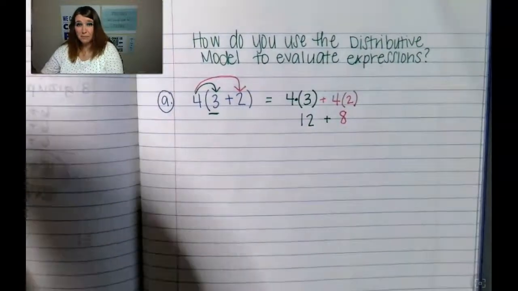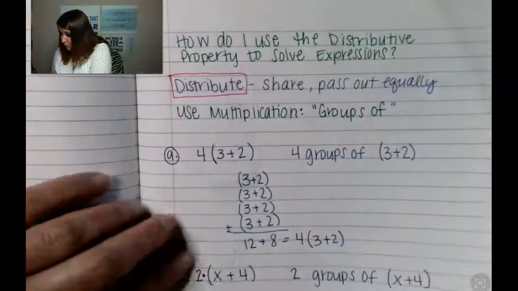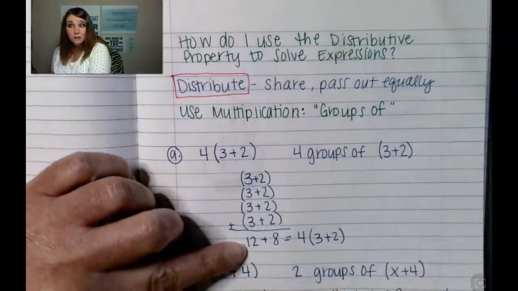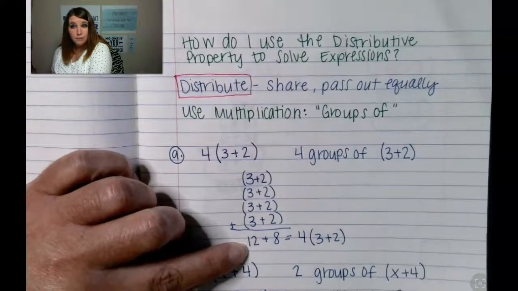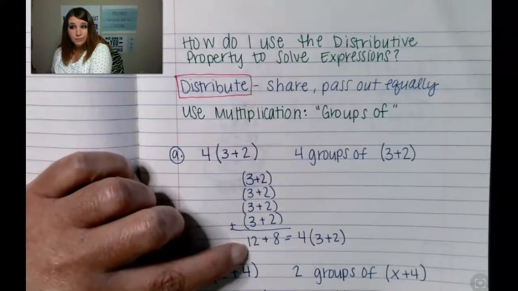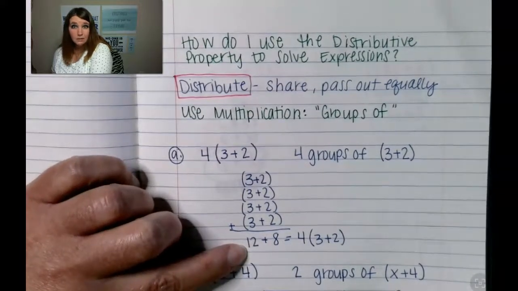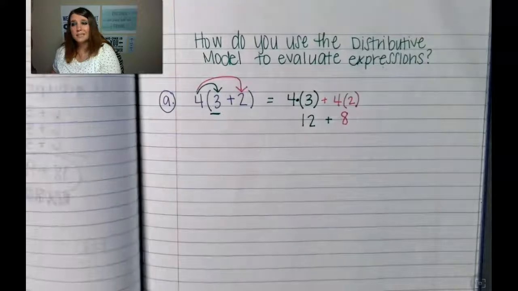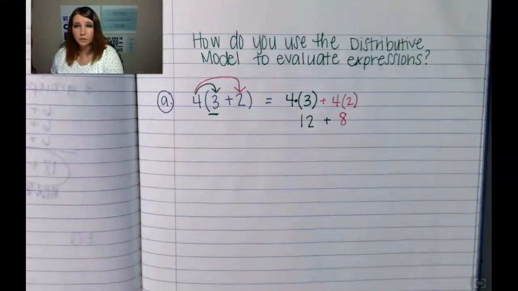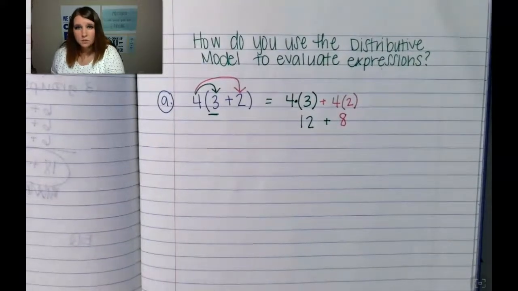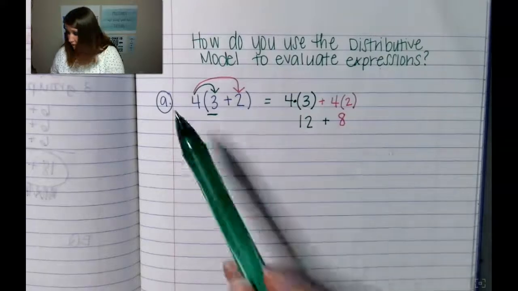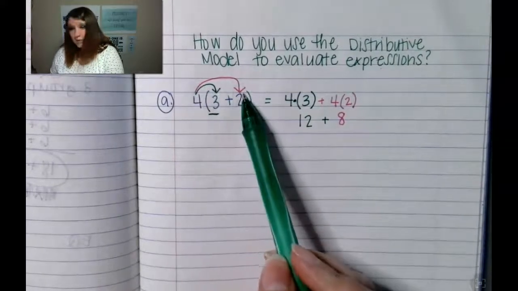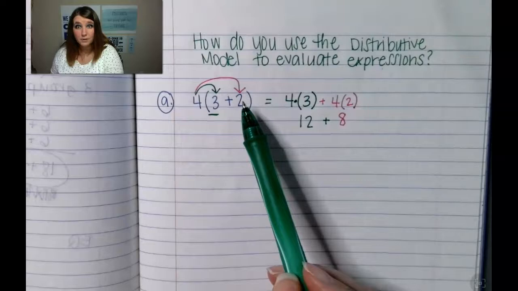If we look back, we can see we ended up with 12 plus 8 when we had 4 groups of 3 plus 2. It's the same thing. We're just using a different way to solve. There's a little rhyme that goes with this. It's called hippity hoppity, the distributive property.